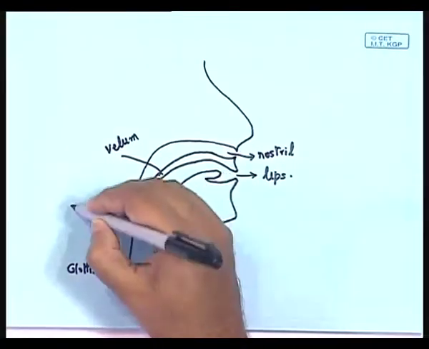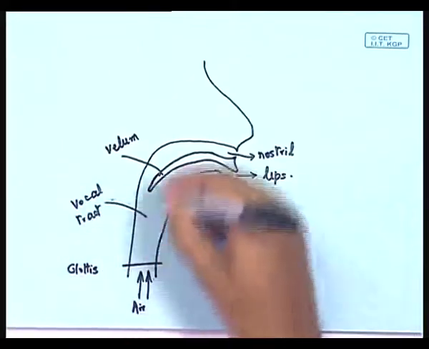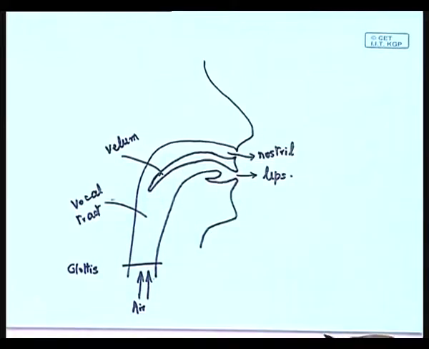Over a very short time interval, we can consider that there is a kind of periodicity present in the pulses produced through the glottis. In fact, what is happening is that there is opening and closing, so that effectively it is a pulse-like excitation that is ultimately given to our vocal tract. So this is the vocal tract, and this entire thing forms the vocal tract.